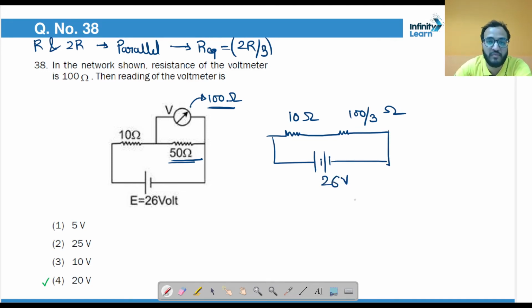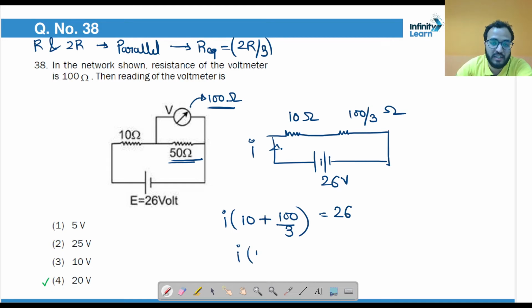And this is 26 volts. Now, what is the current? I into 10 plus 100 by 3 is equal to 26. So it is 130 by 3 is equal to 26.